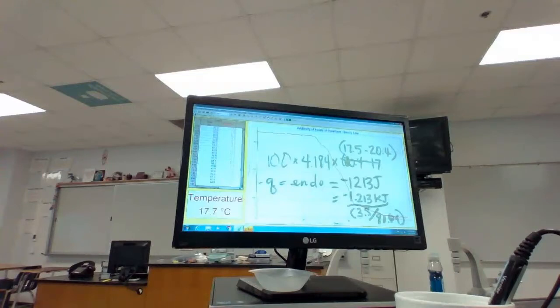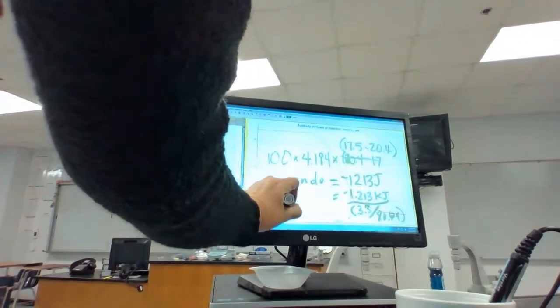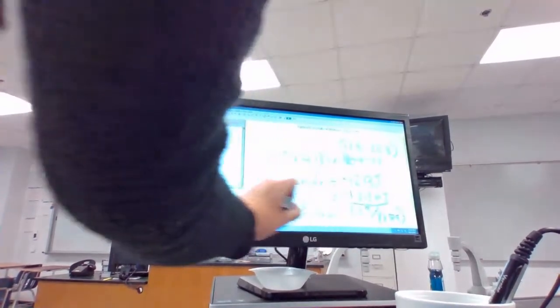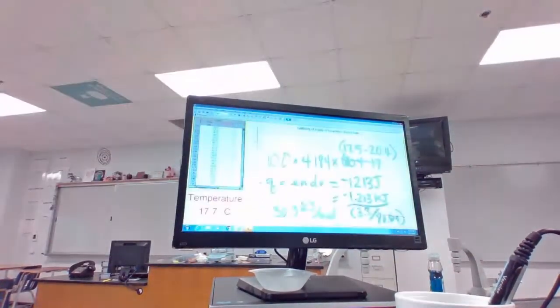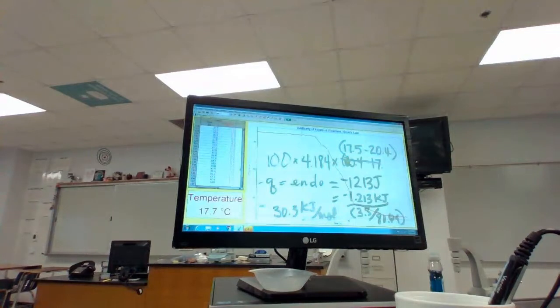Okay, so I end up with negative 0.0046. That does not come out right. Hold on. When I do my math, it actually comes out to 30.3 kilojoules per mole that was lost, or you could say that was used in the reaction.